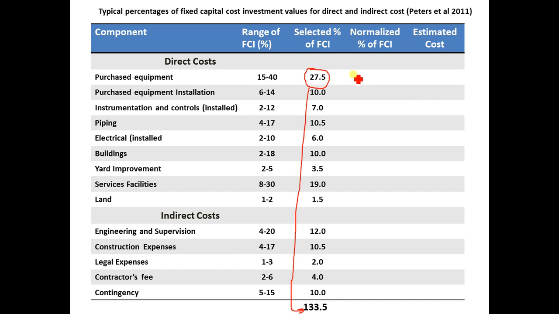For example, you're gonna have 27.5 over 133.5 times 100.